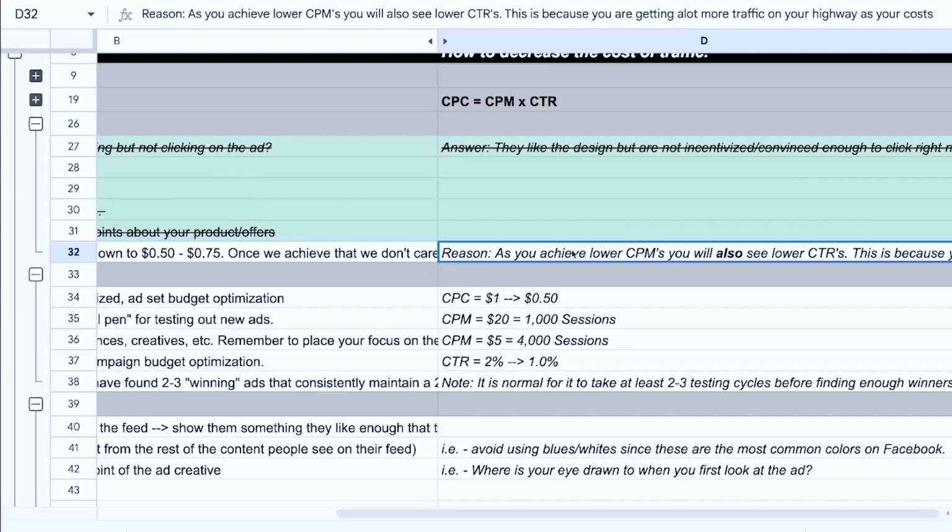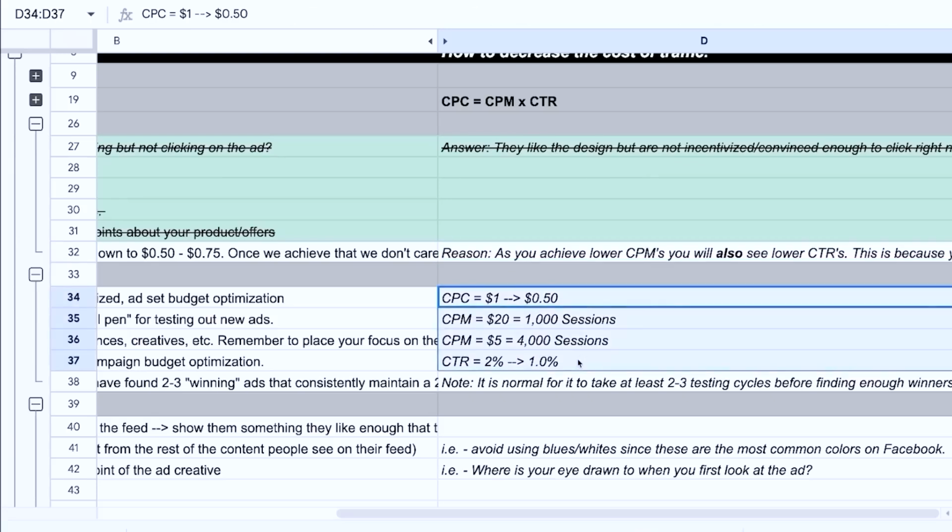The fundamental takeaway is the relationship between these metrics and how they all work together. It took me years to fundamentally understand this: as long as CPMs are dropping at a higher rate than the CTRs, then we're in good shape.